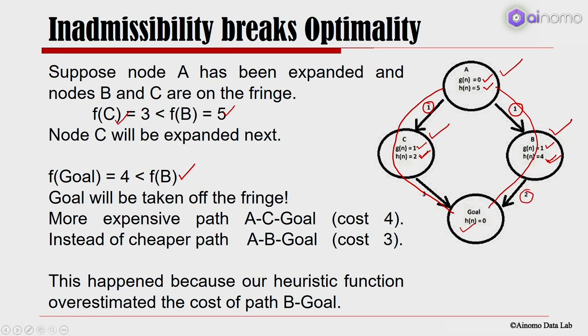This happened only because our heuristic function overestimated the cost of the path B to goal. Any heuristic function that overestimates is a pessimistic heuristic function, and we call it an inadmissible heuristic. An inadmissible heuristic therefore breaks optimality, and does not lead to a path which is the minimum.